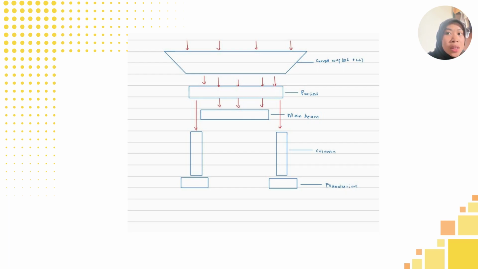The metal deck does not directly transfer the load to the beam. It is transferred to the columns because there are columns near the edge of the metal deck, so that's why it is not transferred directly to the beam.